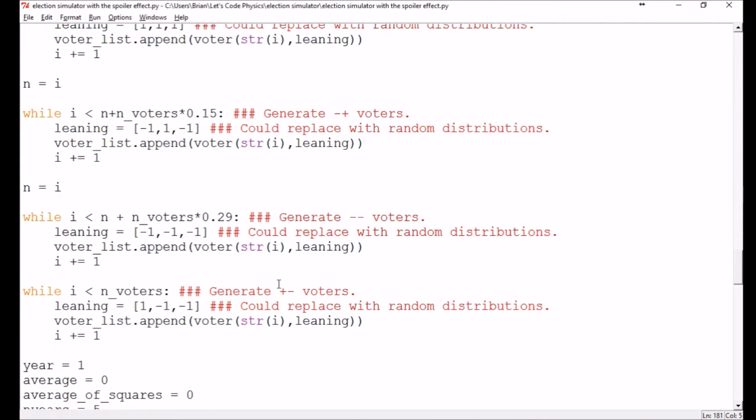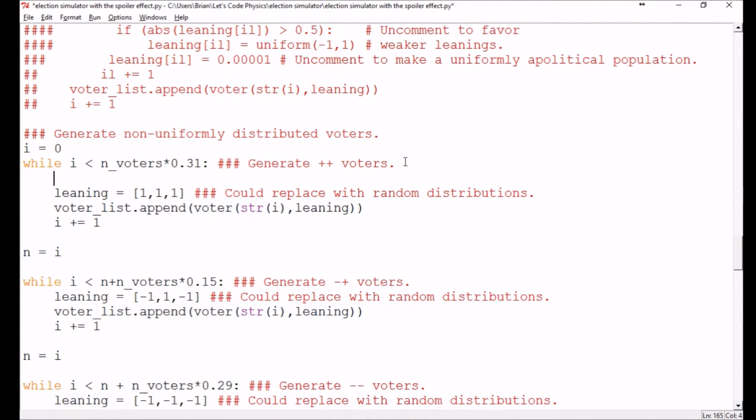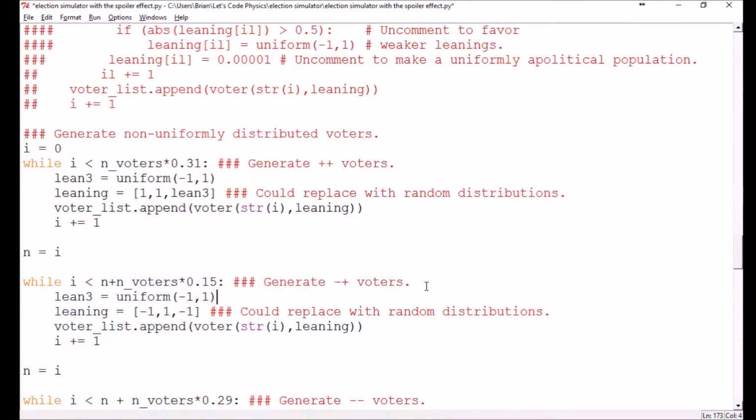Okay, let's try one last thing. Let's see what happens if we randomly distribute this leaning. So let's say lean 3 equals uniform between -1 and 1, and then we'll call this one lean 3, and we'll just put that into every block here.